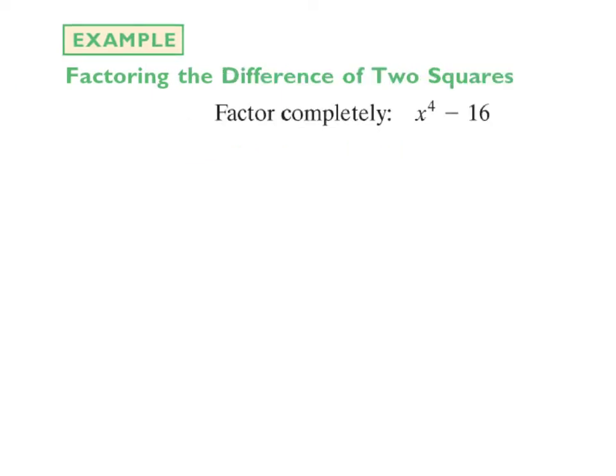Well, here we have to factor completely. That's the difference of two squares. Just to remind you, a squared minus b squared equals a minus b times a plus b. So here we have x to the 4th power.